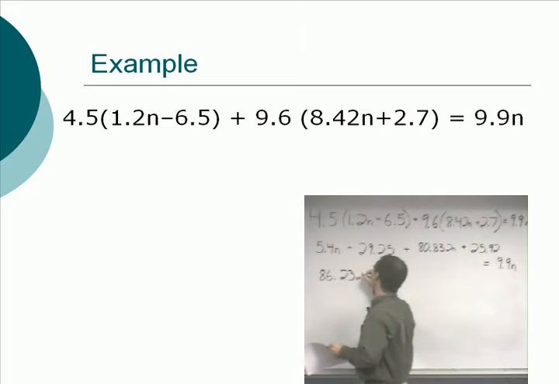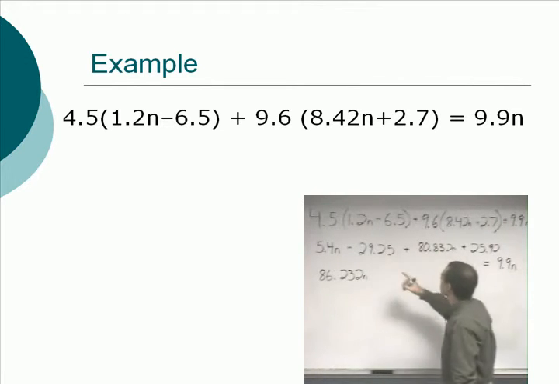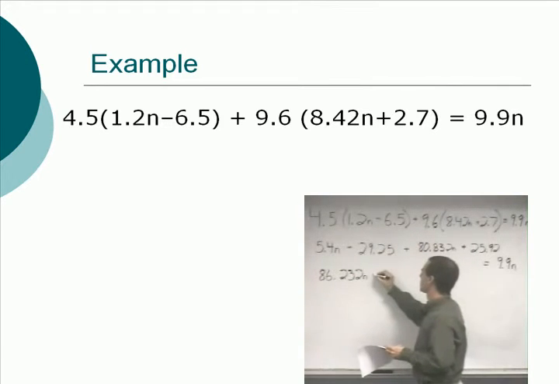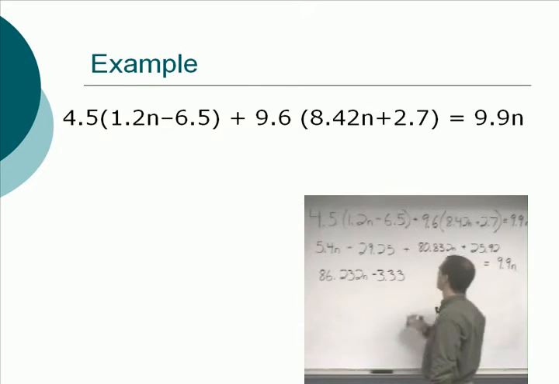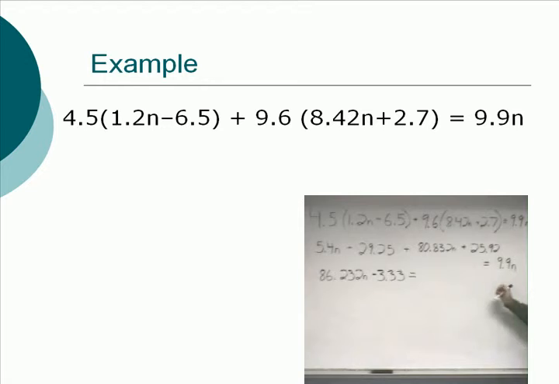We'll leave them all there. Minus 29.25 plus 25.92 is negative 3.33, I think. That takes care of the left side, and that's still equal to 9.9n on the right.